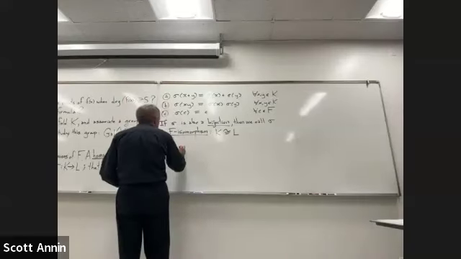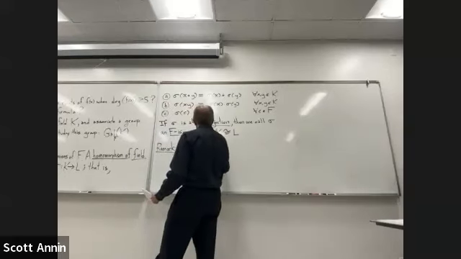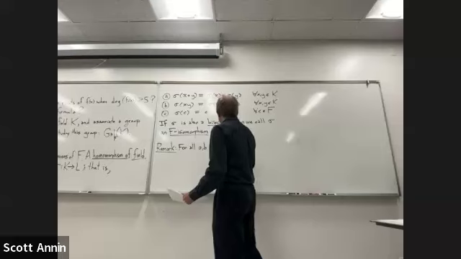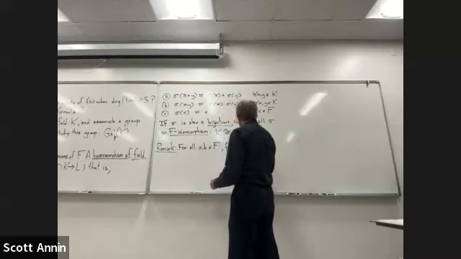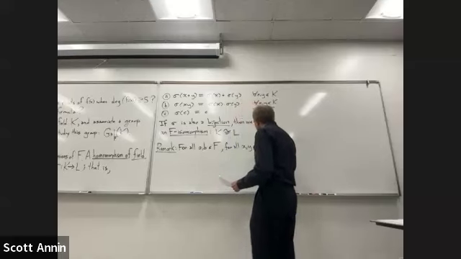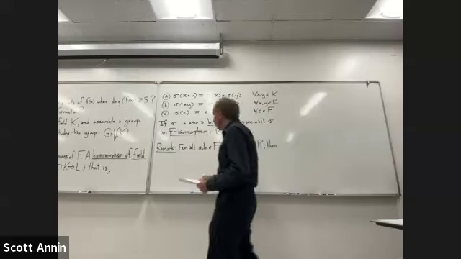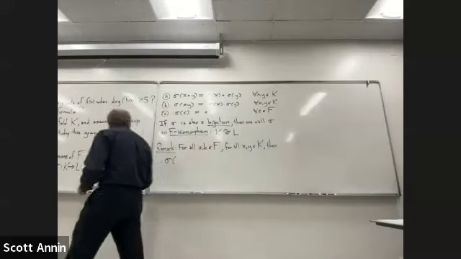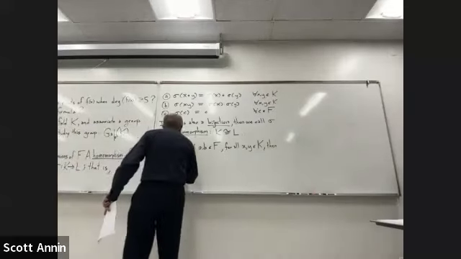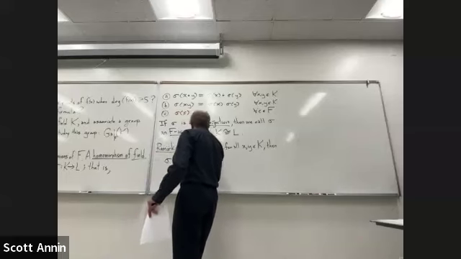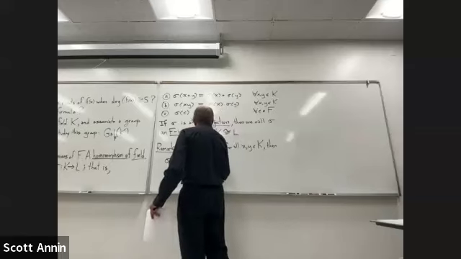So what I would say is for all A and B from the base field F, and for all, let's say, X and Y from the extension field K, then sigma, if it's an F homomorphism, then sigma of AX plus BY should be the same thing as, well, let's just break it down.